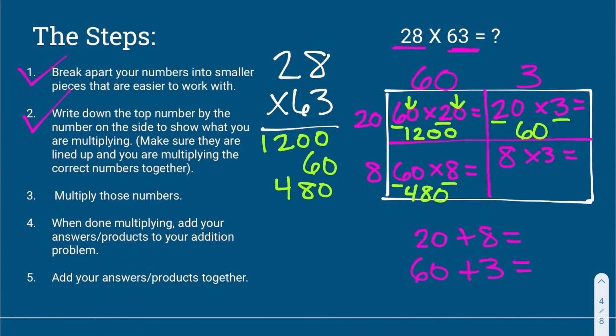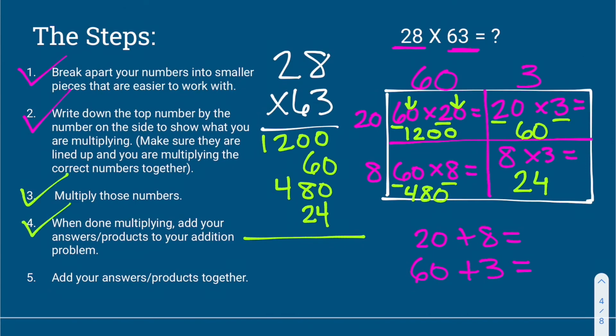Take a moment to do the last box now. 8 times 3. Okay, did you say 24? Nice. Add that to your partial product. And now we are done with step 3 and step 4.